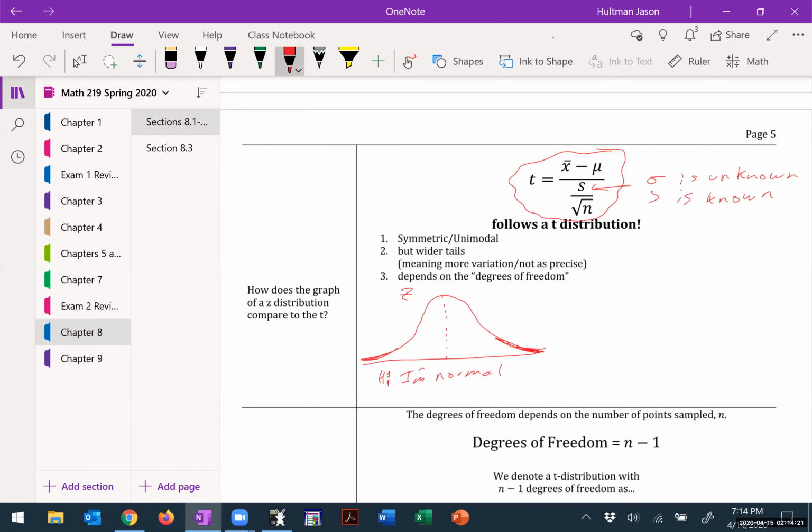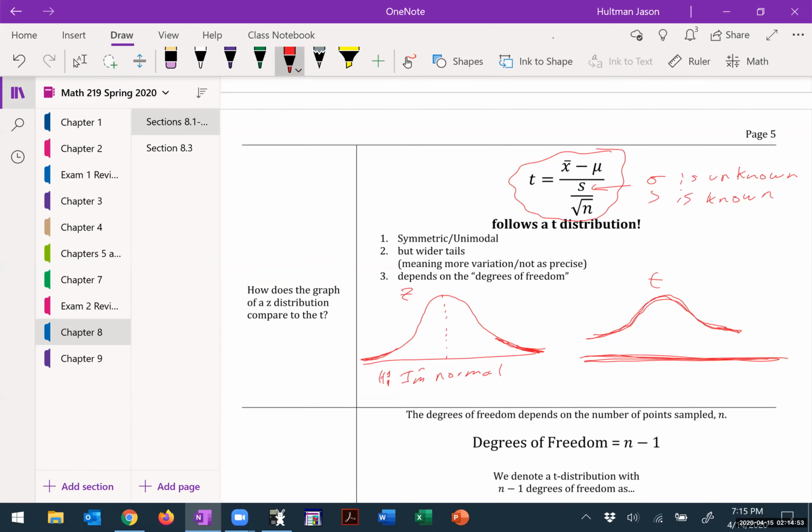And then what does the T distribution look like? Ooh, I'm glad you asked. Here is what the T distribution looks like. What do you notice?